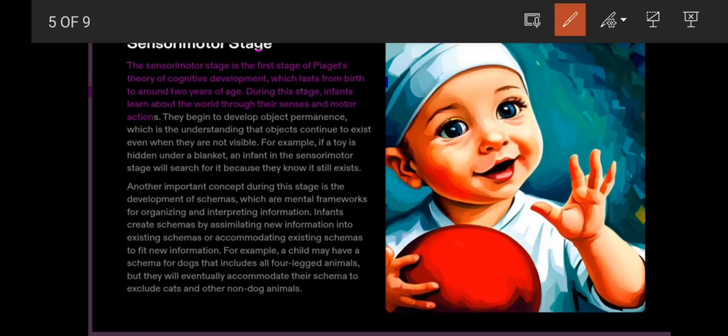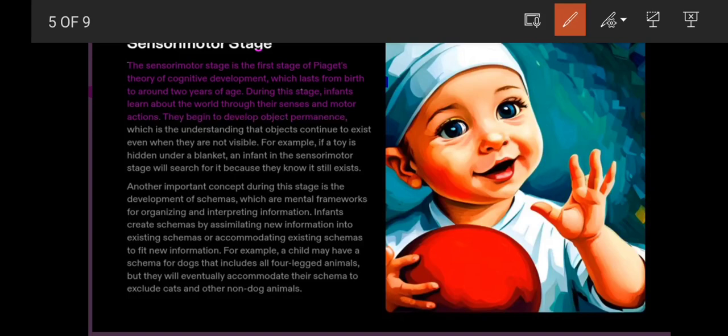He uses all his senses and also his physical activities, and from these he gains knowledge and understanding about the world. They begin to develop object permanence.